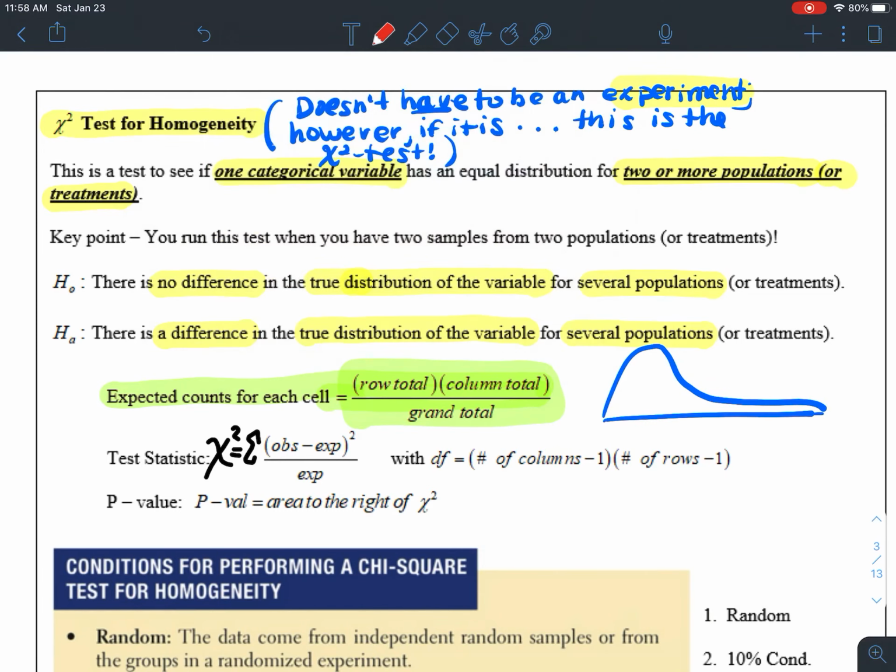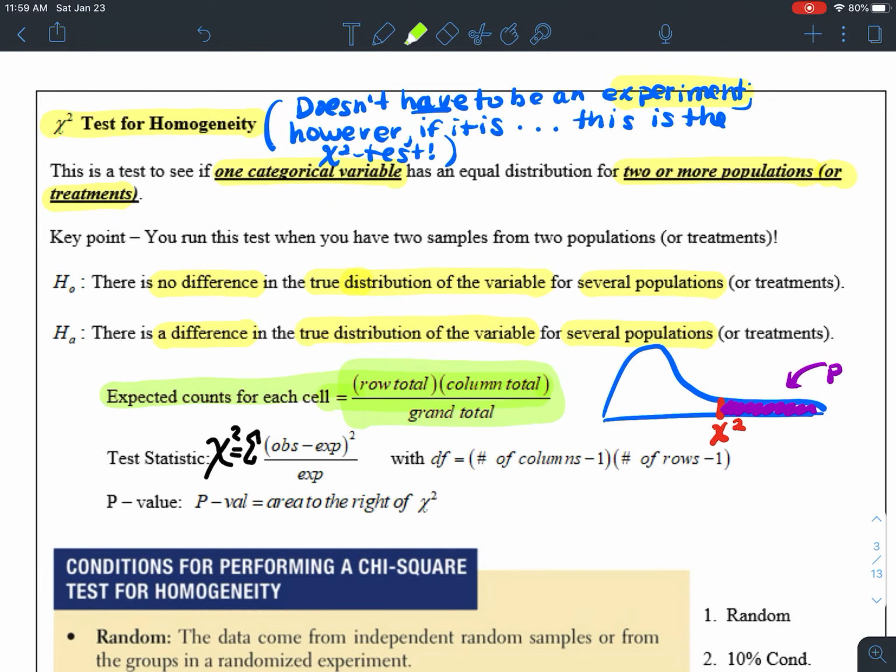Whenever we get that chi-squared test statistic, whatever it is, we'll just say right here is the value of chi-squared. What we're looking for is all of the area to the right of that. That area is the p-value that we would use to compare to the alpha level to determine whether we would reject the null hypothesis or fail to reject it.